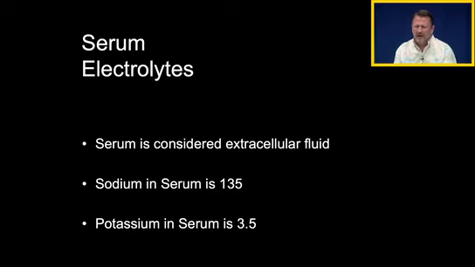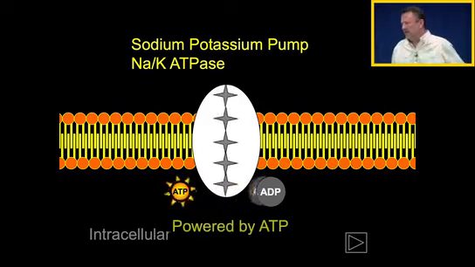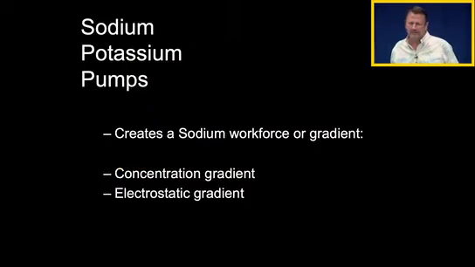And so as people die and the ATP is not able to power the sodium-potassium pumps, one thing that we see is potassium come way, way up, because we're constantly trying to keep our potassium inside of our cells. And again, the system uses ATP to power the sodium-potassium pump.